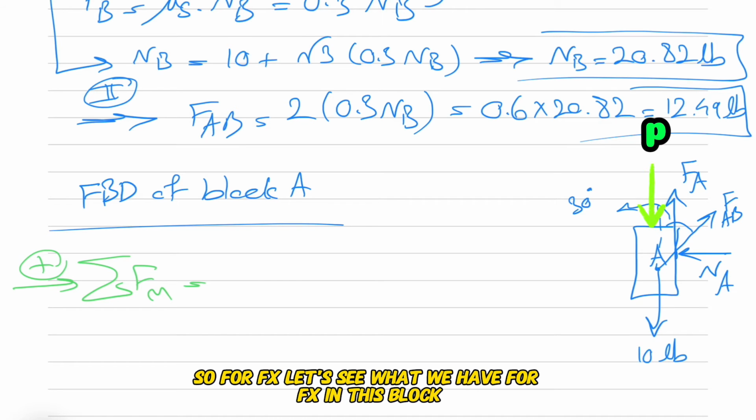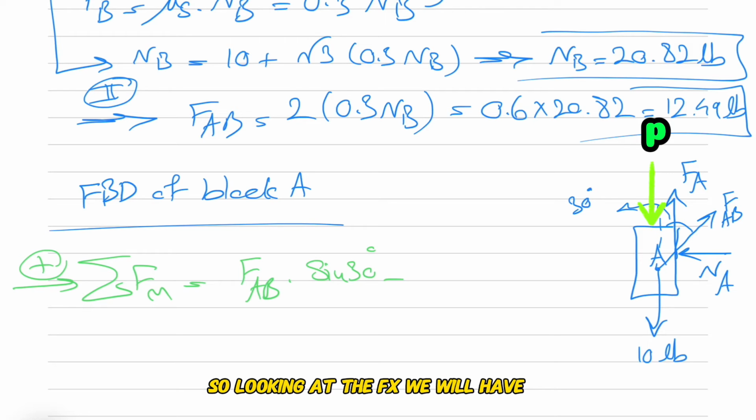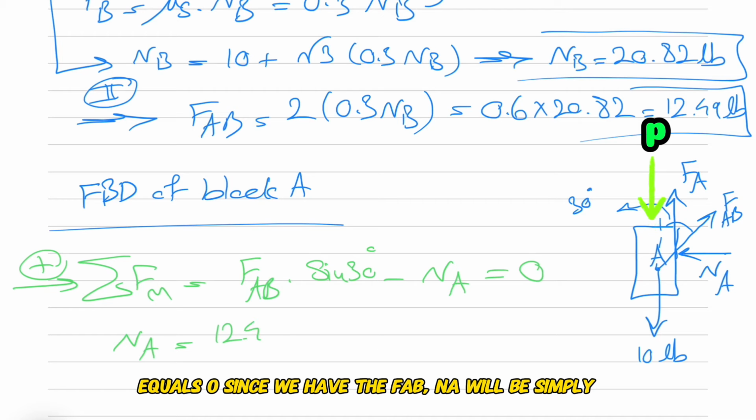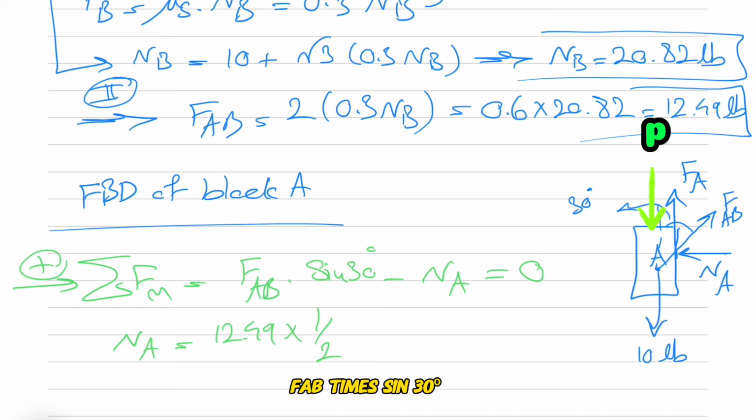Looking at Fx in this block, we have FAB sine of 30 degrees minus NA equals 0. So NA is simply FAB times sine of 30.